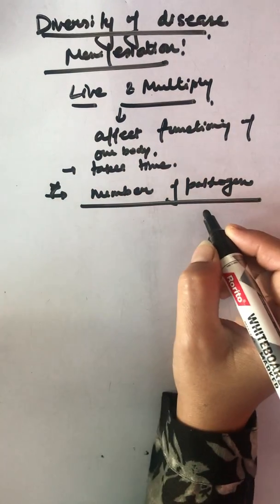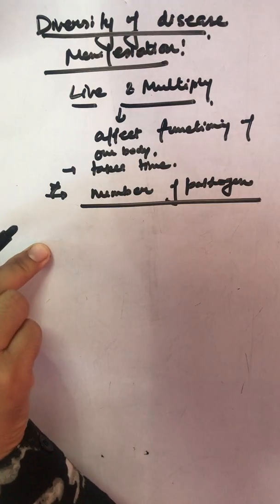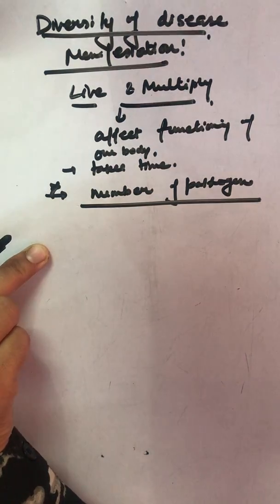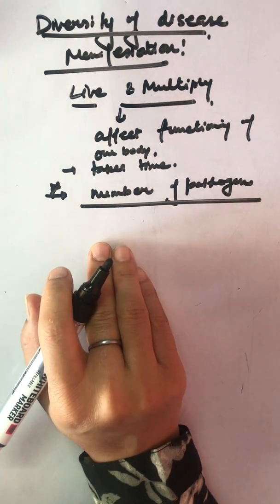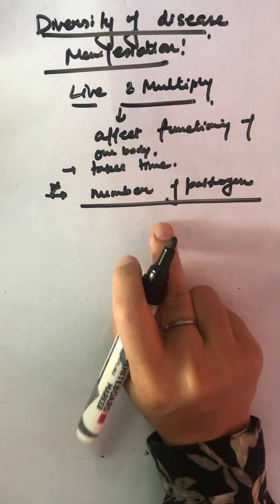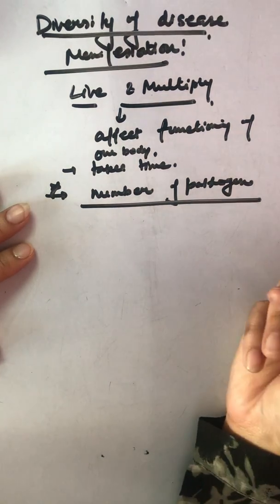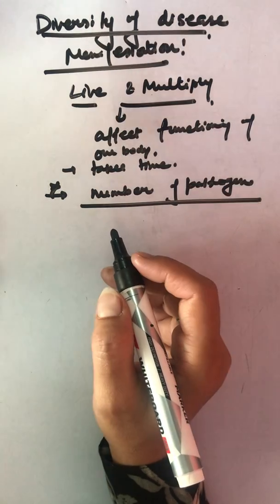Alright, if the number of pathogens that enter our body is less, obviously the severity of the disease will not be that intense. Clear? We have to fight this infection for a little period of time, and the effect cost is not severe and may even go unnoticed, like sneezing for a particular period of time, maybe 1 or 2 minutes, or maybe for a day.